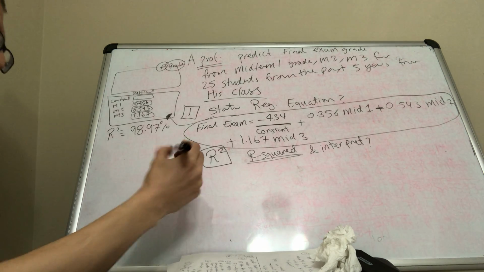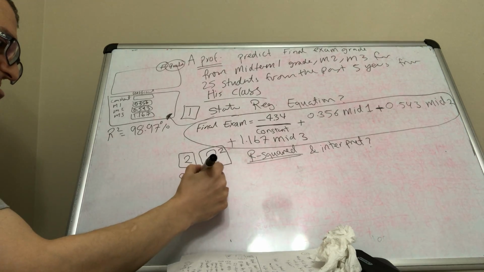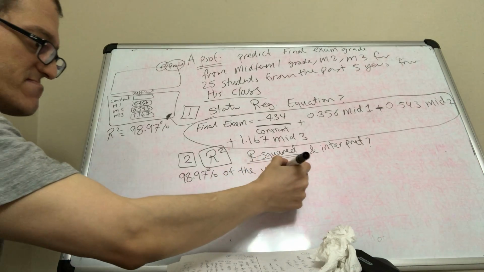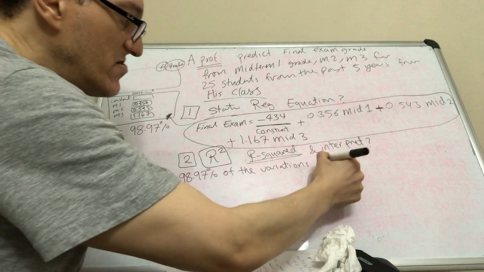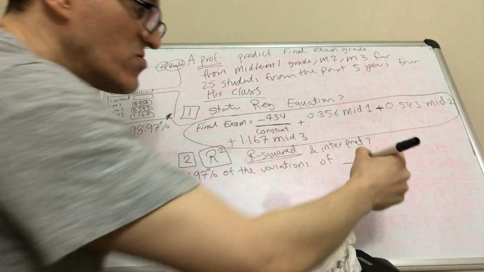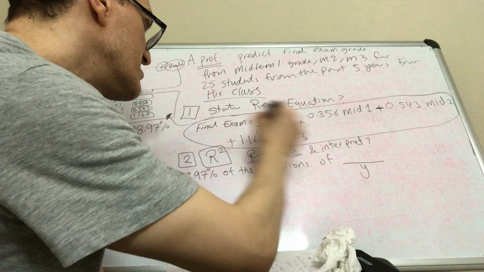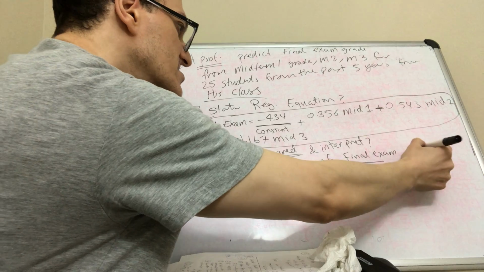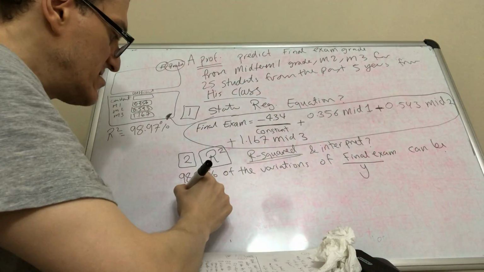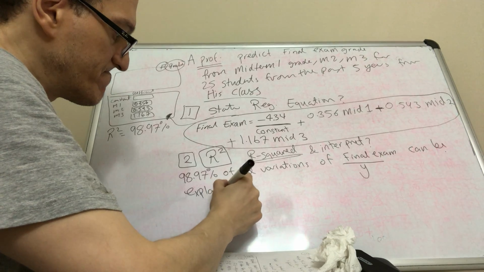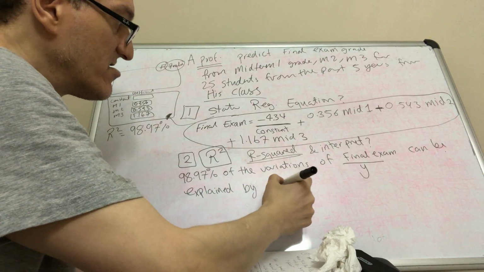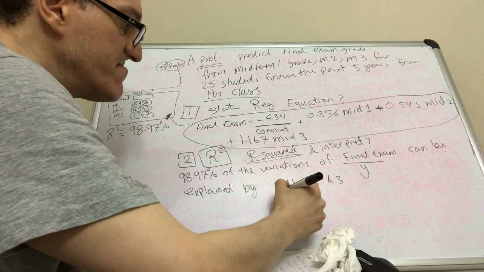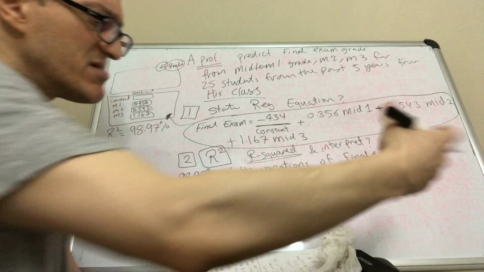The way you explain this, you say 98.97% of the variations of whatever the y is, and in this case final exam, can be explained by mid 1, 2, 3, the x's, or combination of them.